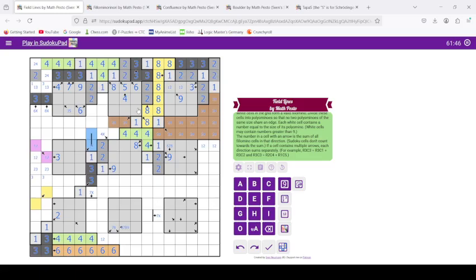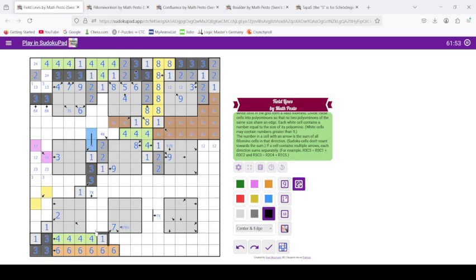Can we do anything else with Sudoku? Oh, this 8 makes that a 7. Makes that a 1. This one's no longer a 7.